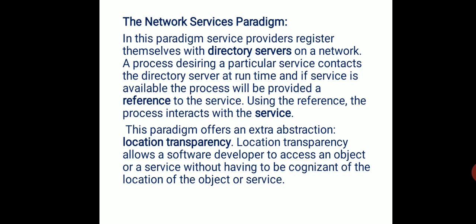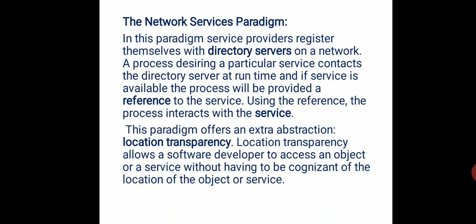So the next one is the network services paradigm. In this paradigm, service providers register themselves with a directory server on a network. A process desiring a particular service contacts the directory server at runtime, and if the service is available, the process will be provided a reference to the server. Using the reference, the process interacts with the service.